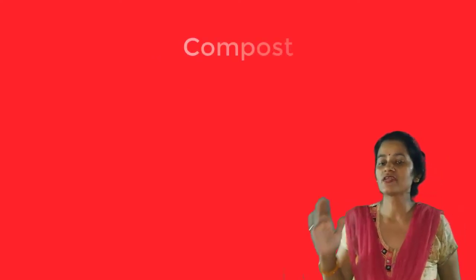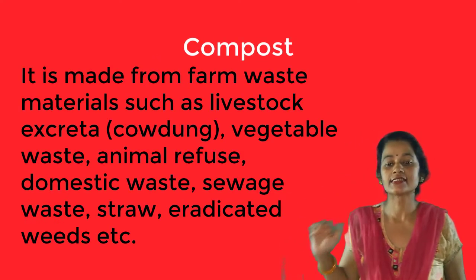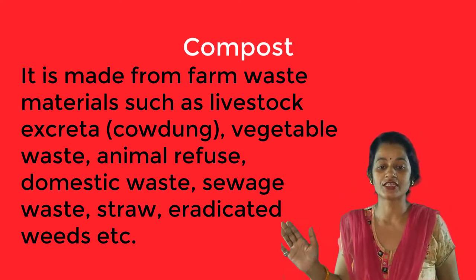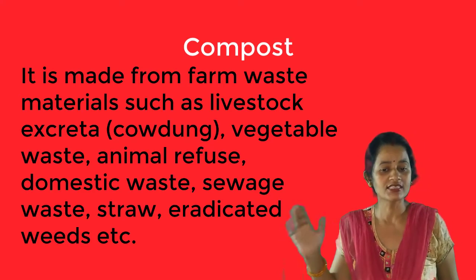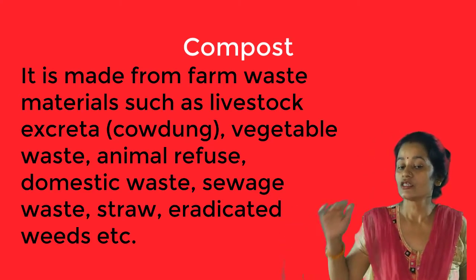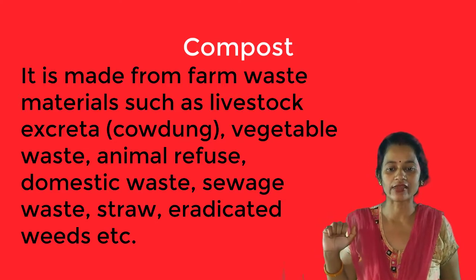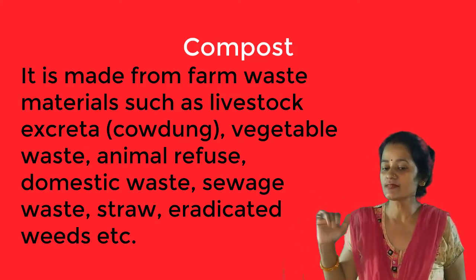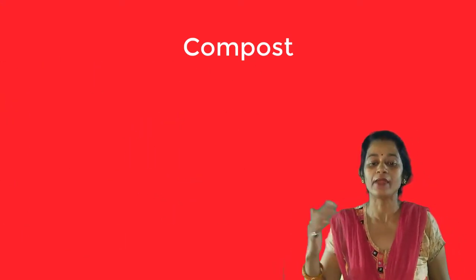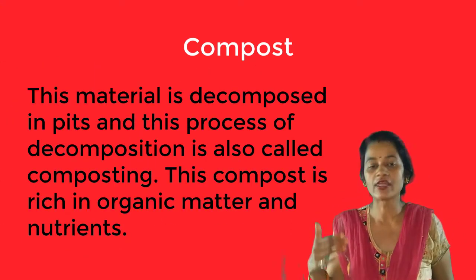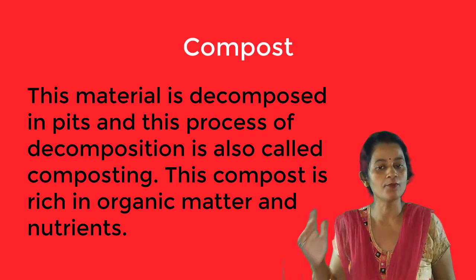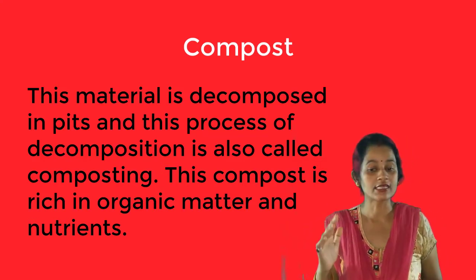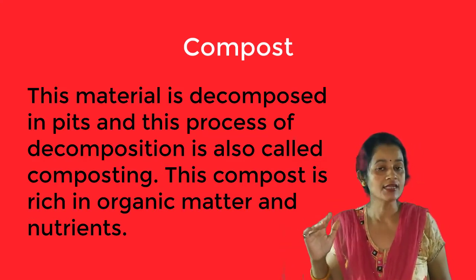Compost is made from farm waste materials such as livestock excreta, cow dung, vegetable waste, animal refuse, domestic waste, sewage waste, straw, eradicated weeds, etc. This material is decomposed in pits and this process of decomposition is also called composting. This compost is rich in organic matter and nutrients.